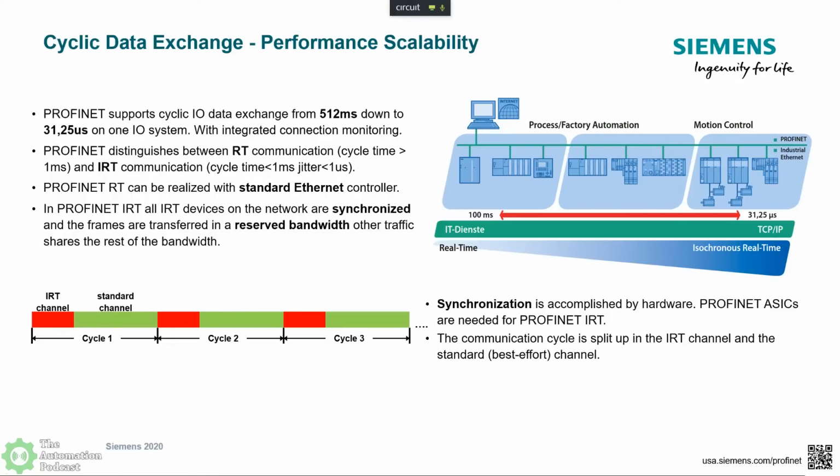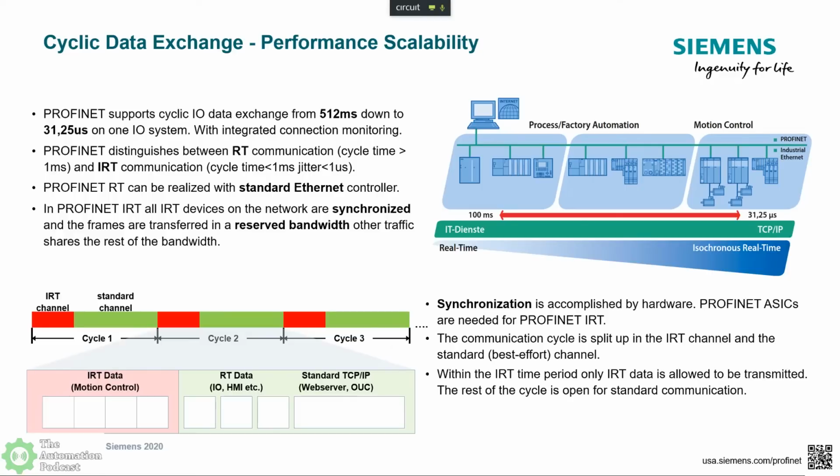That's actually important. Within the IRT time period, we only transfer IRT data, and the rest of the cycle is open for standard communication, like any kind of web server, OPC UA, any kind of HMI communication, whatever. The green part of the cycle is open for any other communication.